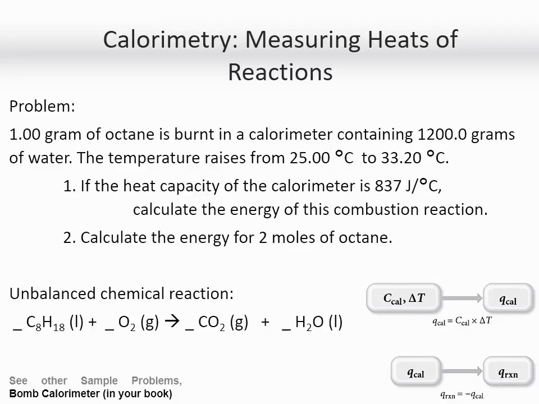And the second part is that now we have to calculate the heat that the water is taking plus the heat that the bomb is taking separately, and then put them together in order to get the total heat that was evolved by the reaction. The second part of the problem is that we have to calculate 2 moles of octane.